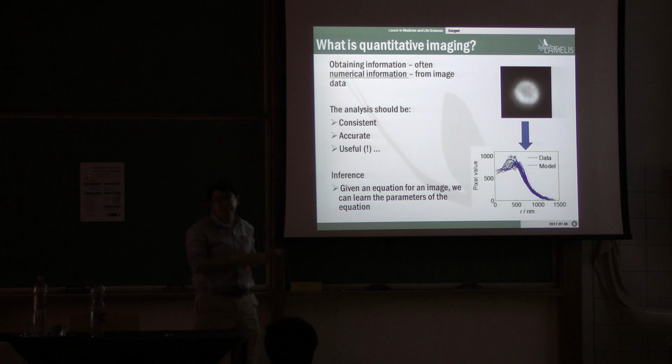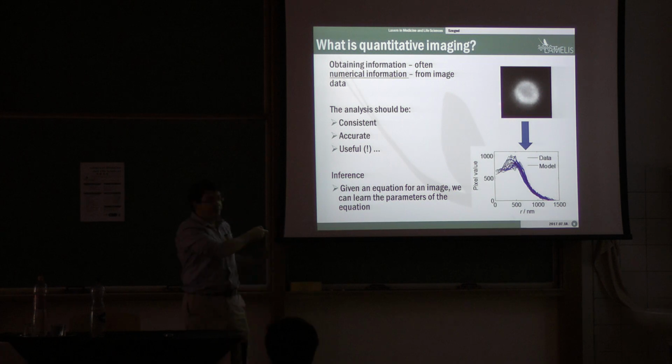In mathematical inference, what we say is, well, we have some data, and the data has a certain amount of information about the sample in it, but we're going to add some more information. We're going to assume that the sample obeys some sort of equation. So I'm going to assume that the sample is, say, a spherical shell or some other shape.